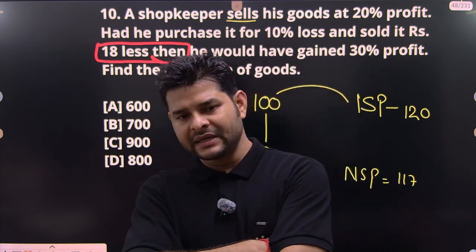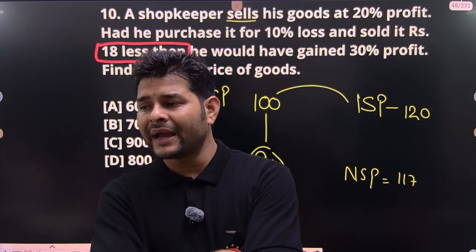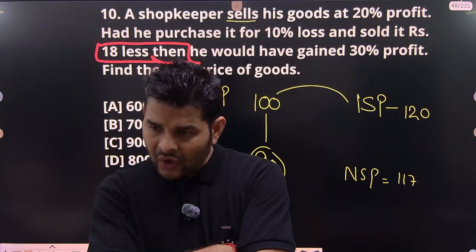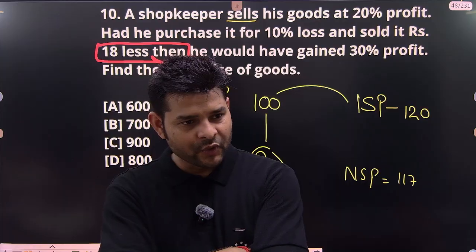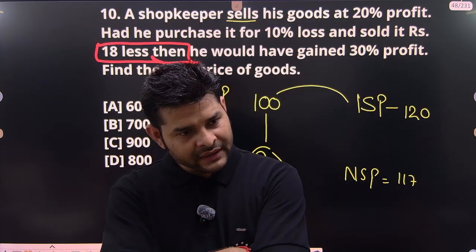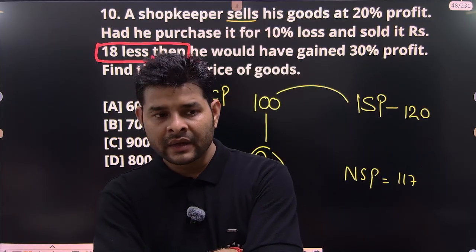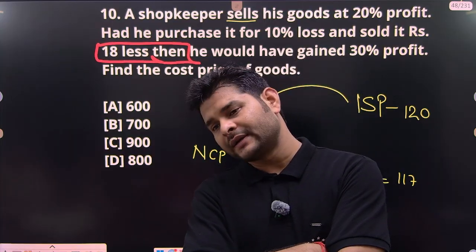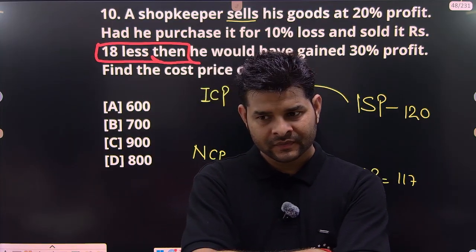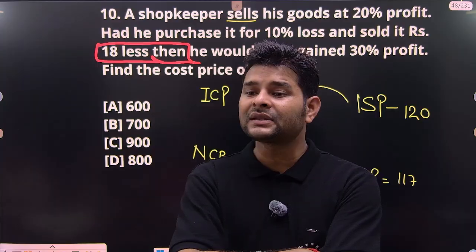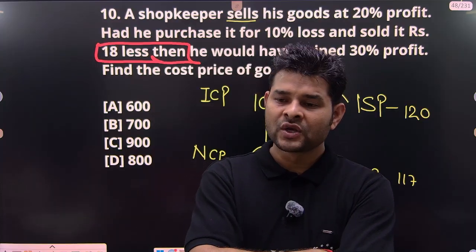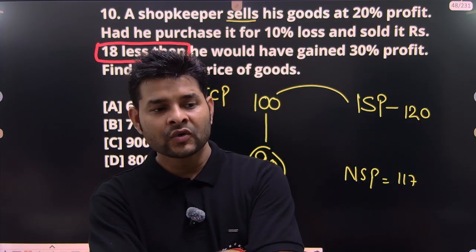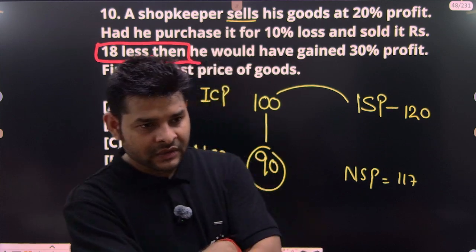The second condition says if I had bought this item at a 10% loss, the new CP would be 90. And now again we sell it at 30% profit. So what would be the 30% profit? 27. 30% of what?